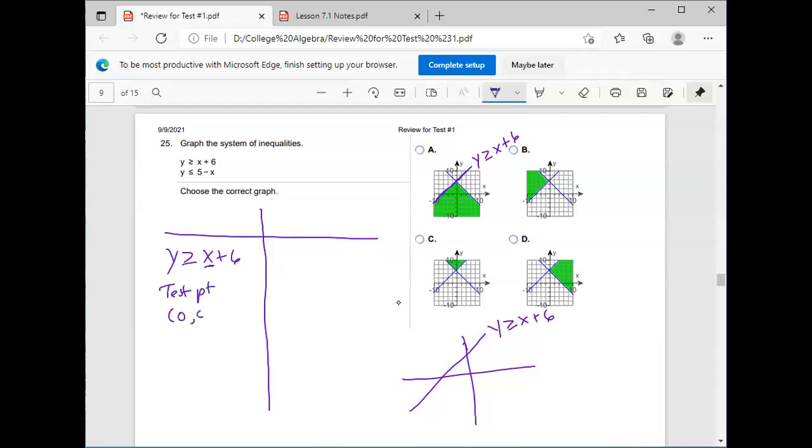We like 0, 0. So I'm going to say, is 0 greater than or equal to 0 plus 6? Is 0 greater than or equal to 6? That is definitely false. 0 is not greater than or equal to 6. And 0, 0 would be right here. So I would draw some lines going up and color in the top part, because 0, 0 doesn't work.